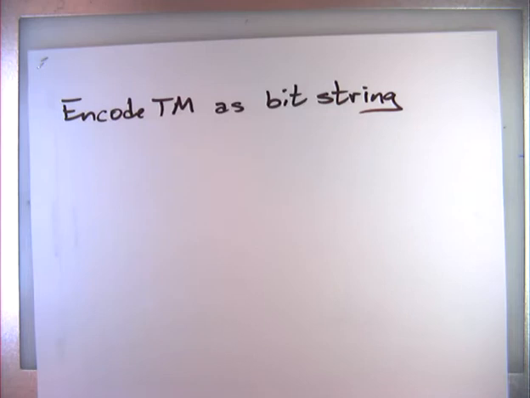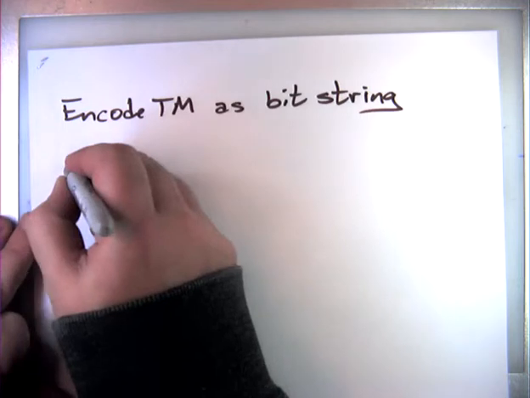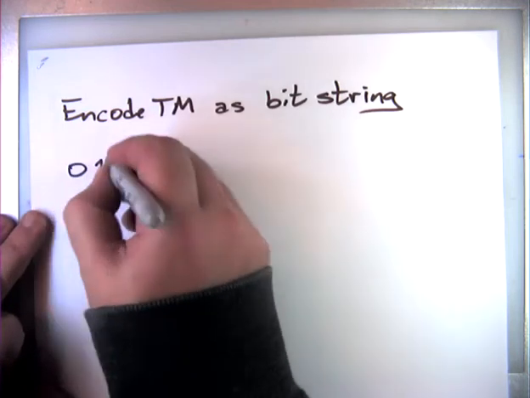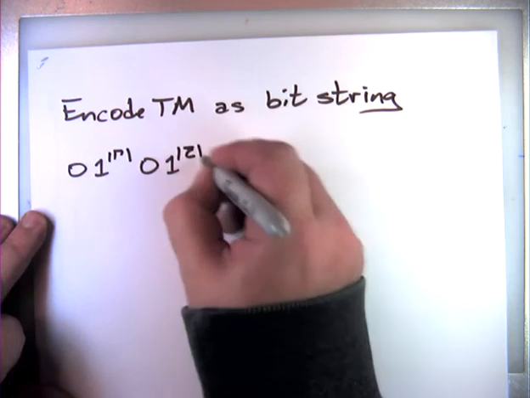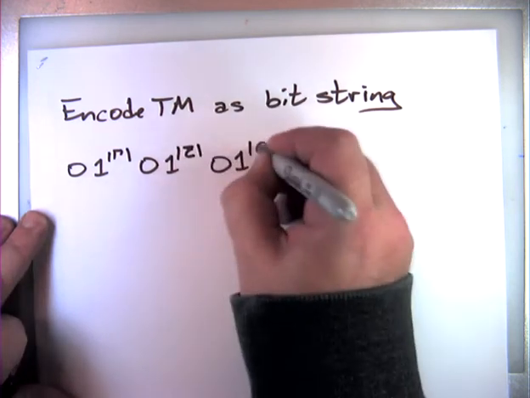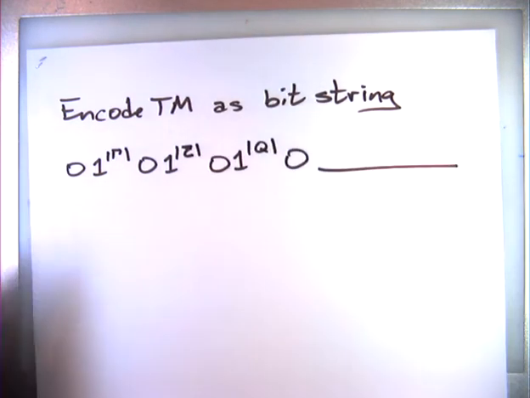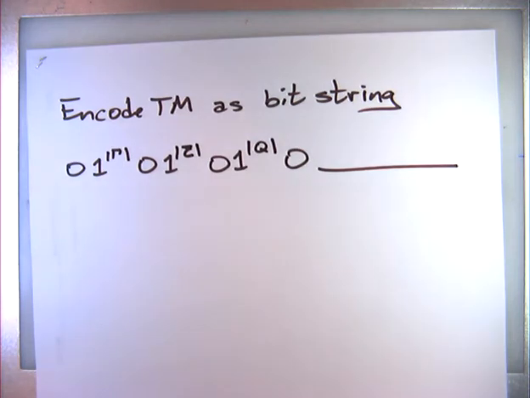So arbitrary Turing machines can have arbitrary tape alphabets, arbitrary sets of states, arbitrary input alphabets. I'm going to try to simulate it using a Turing machine with input alphabet 0, 1. So I need to encode the Turing machine as a bit string, which might be something like 0, 1 to the number of tape symbols, 0, 1 to the number of input symbols, 0, 1 to the number of states, 0, and then some encoding by brute force of all possible transitions.